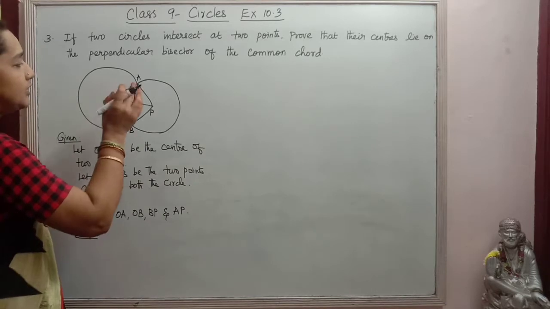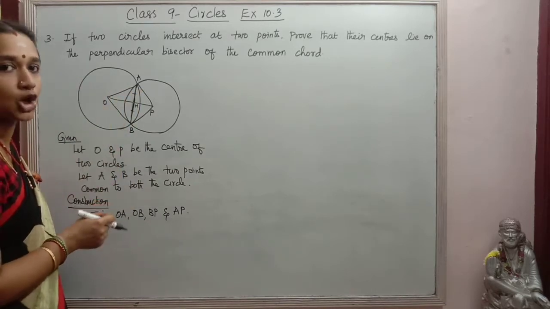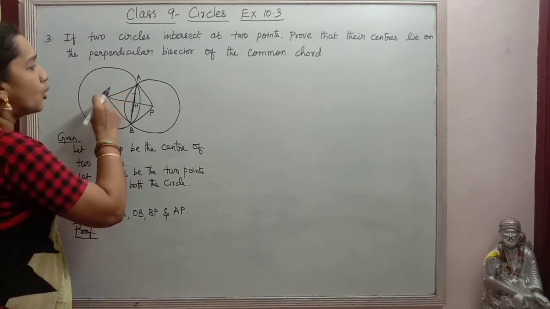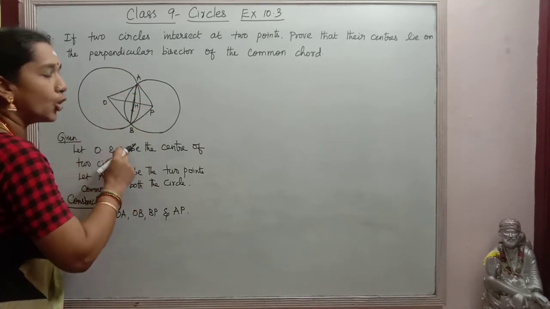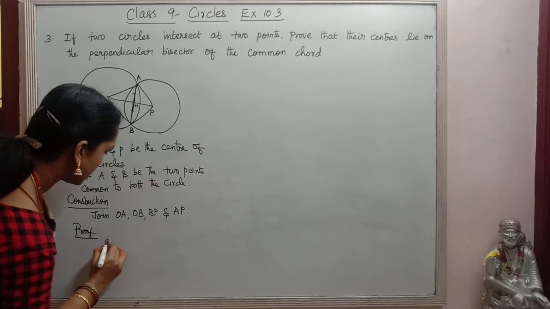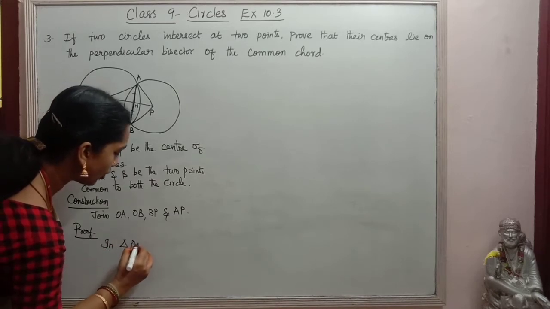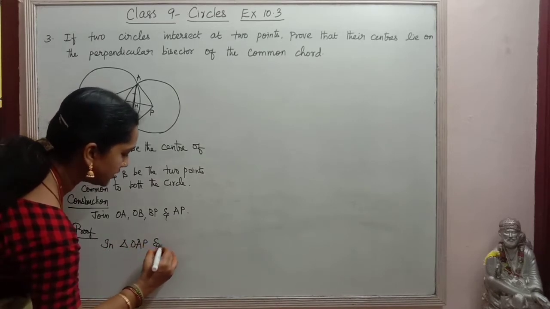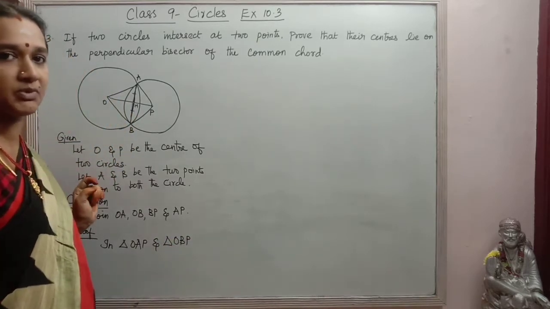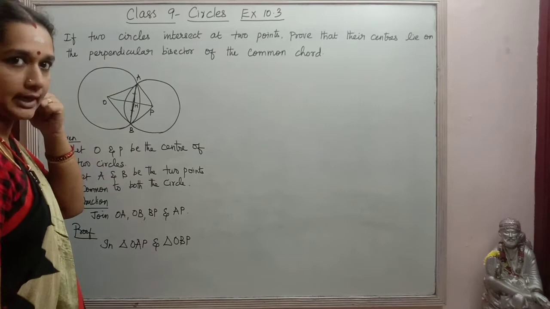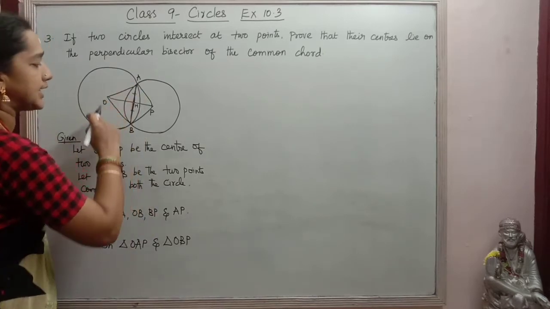So now we will take two triangles and prove the congruency. We will take triangle OAP and triangle OBP. So in these two triangles, OA is equal to OB.